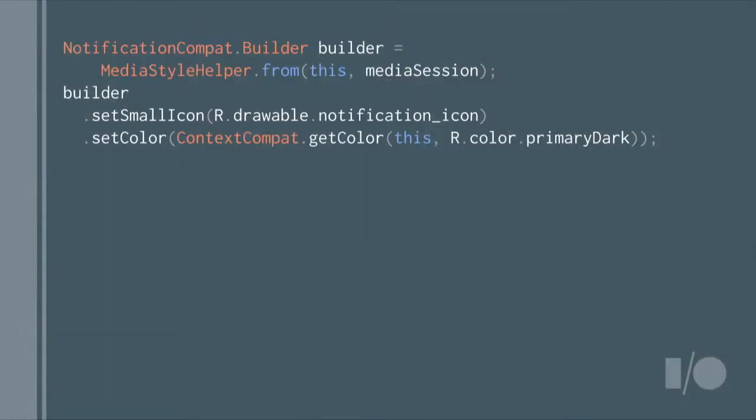So we create our builder using the media style helper, and then we use setSmallIcon, because we kind of need those for notifications. And then we need to call setColor. Now, I'm not sure if you noticed, the Play Music app did not use a bright orange for their color, because it turns out that on Lollipop through Marshmallow devices, this was the full background for your notification.